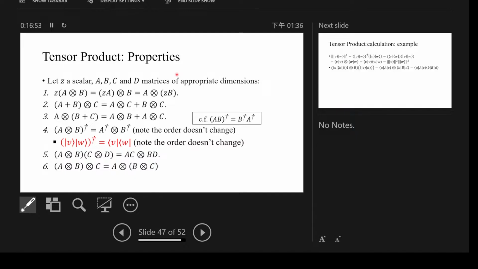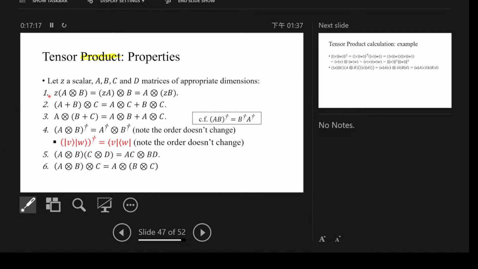Then let's go back to the tensor product itself. So some properties of the tensor product for matrices. Since it has the name of product, it satisfies quite a few rules for multiplication. Okay, and so those are properties that are satisfied by the tensor product.